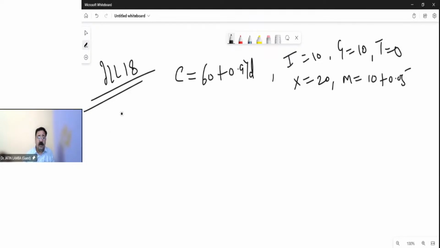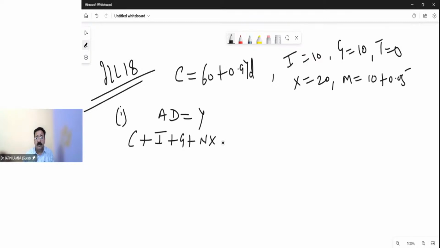Now, first part to calculate equilibrium level of income, that is AD is equal to Y. What is AD? C plus I plus G plus NX. Consumption is 60 plus 0.9 YD. Y minus taxes is 0, and there are no transfers also.